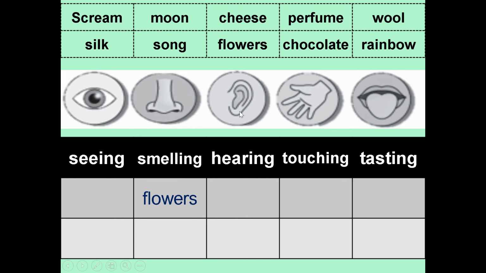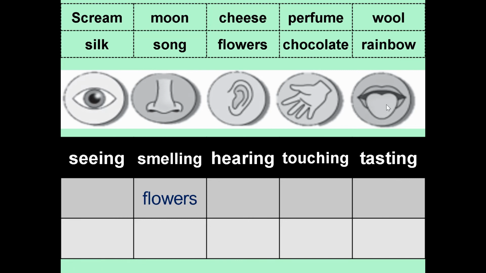And we use our ears for hearing 2 things here. You have to find out what they are. And we use our hands or skin for touching what? Again, 2 things. And the last one, we use our tongue for tasting 2 things which are mentioned above. So take your time.